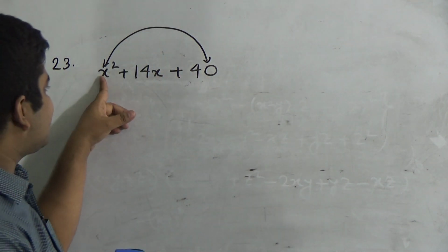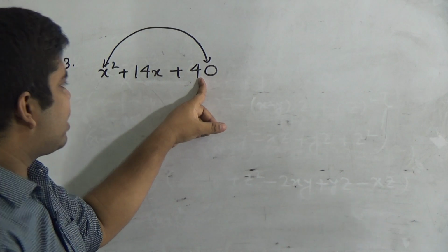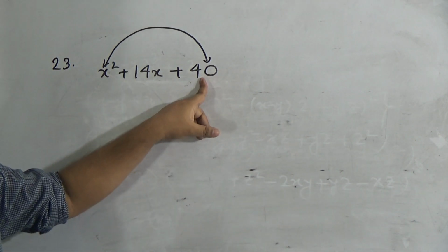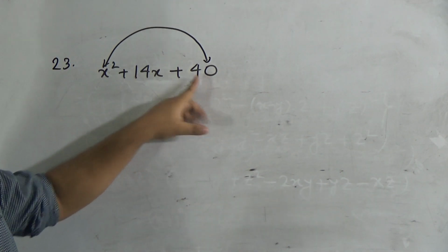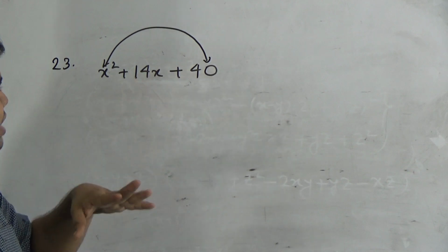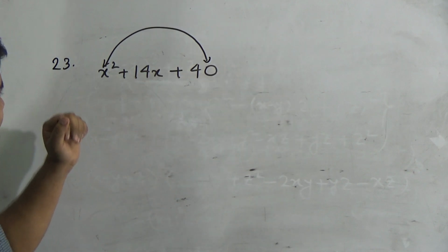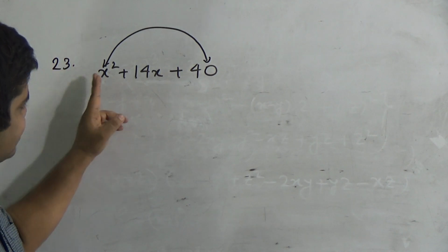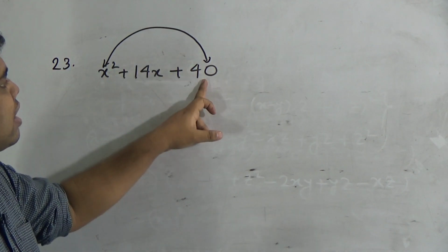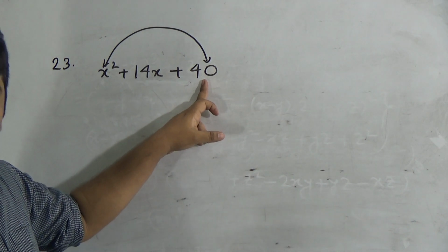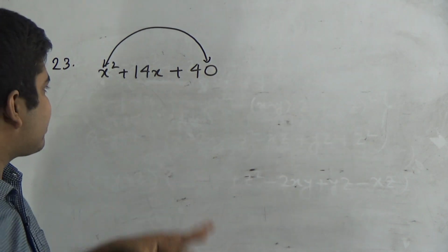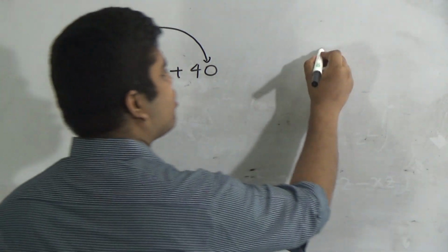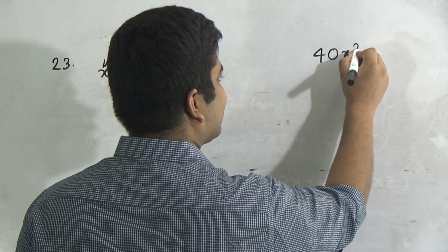Here x square and here 40. Dear students, notice 40 is the constant term. It will be better if we say we multiply the first term with the constant term. So if we multiply, then we get 40x square.